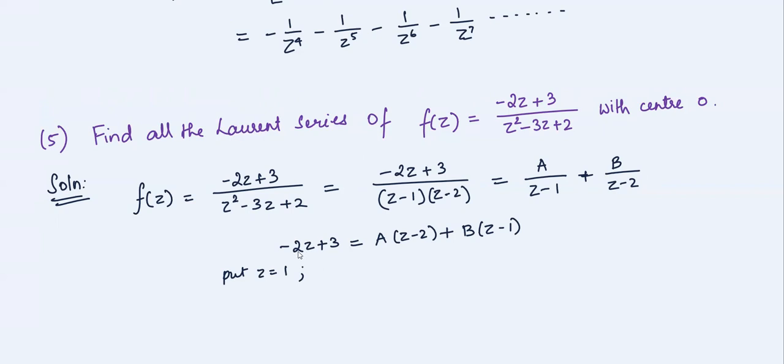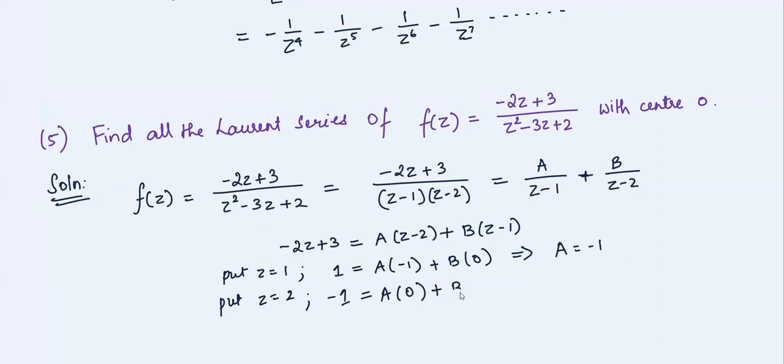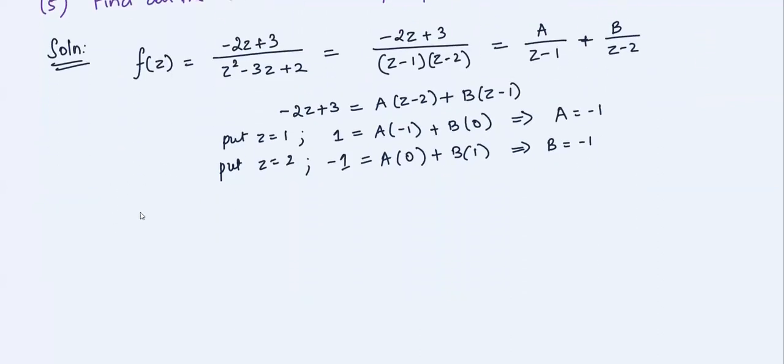We get minus 2 plus 3 is 1, is a times 1 minus 2 is minus 1, b times 0. So a is equal to minus 1. Now put z equal to 2. We get minus 4 plus 3 minus 1 is a times 0 plus b times 1. So we get b is equal to minus 1. So a and b both are minus 1.